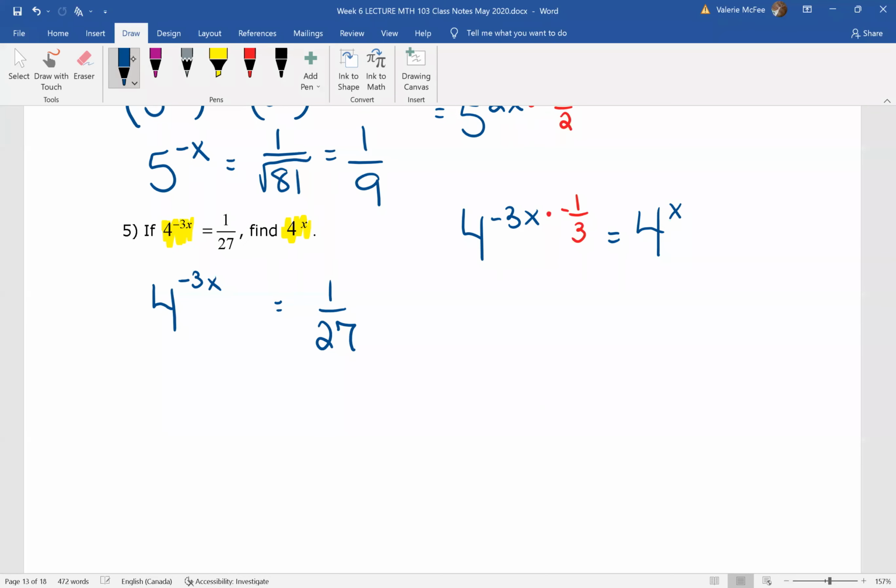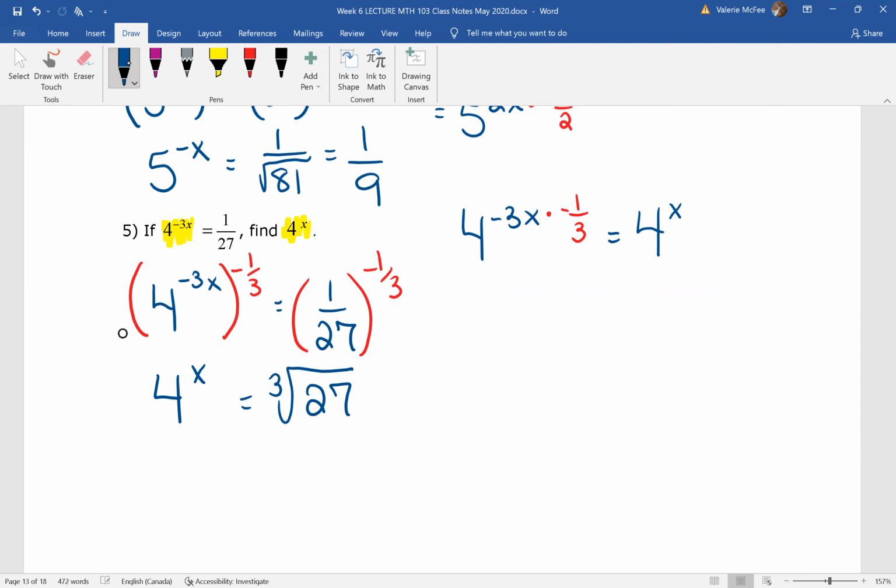If I'm multiplying by -1/3 in my exponent, I know I'm raising this to the power of -1/3. I have to raise both sides to the power of -1/3. On the left, I'm left with 4 to the power of x. On the right, the cube root of 27, which equals 3.